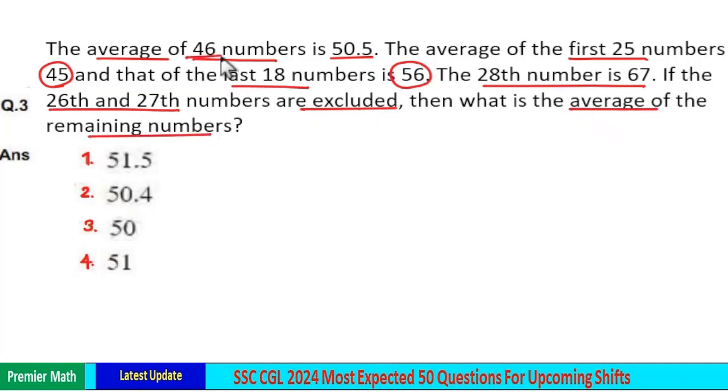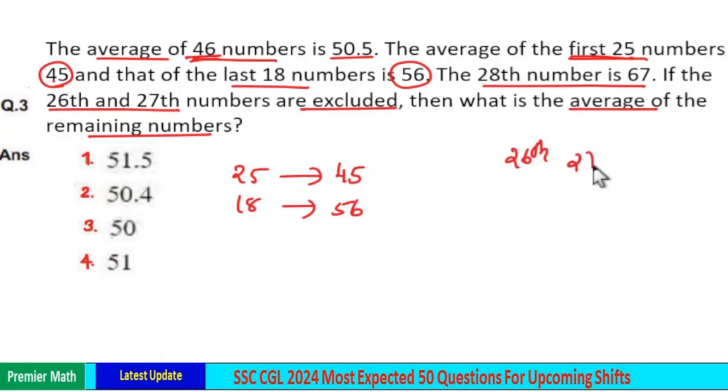Here, there are 46 numbers in total. Out of these 46 numbers, the first 25 numbers average 45 and the last 18 numbers average 56. So 25 plus 18 is 43, so 3 numbers remain. After the 25th, the 26th, 27th and 28th numbers are remaining, and out of these, the 28th number is 67.